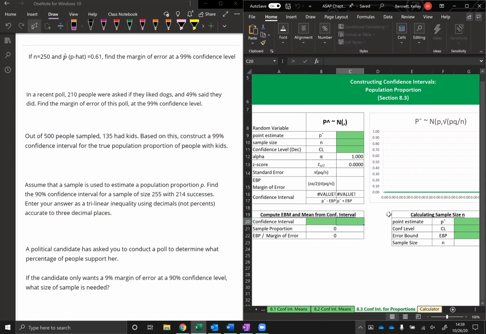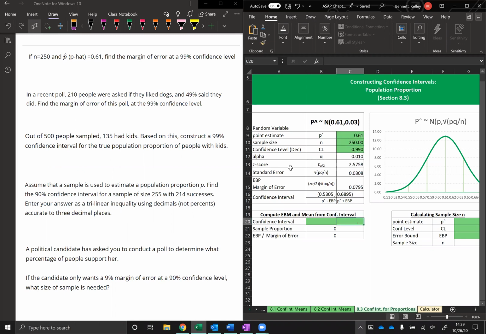In the first problem, on the left side of your screen, you'll see: if n equals 250 and p hat equals 0.61, find the margin of error at a 99% confidence level. All we're going to do is plug in the values that were given. So I have 250, we know that p hat is 0.61, and we have a confidence level of 0.99.